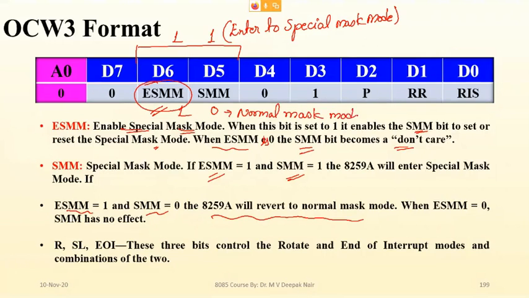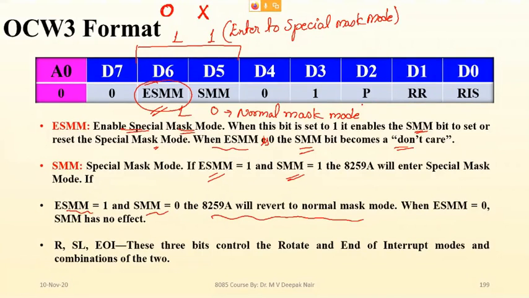If ESMM is 0, then SMM gets into a don't care condition. That means it does not matter whether it is 1 or 0, we will not be changing the mode of the masking.